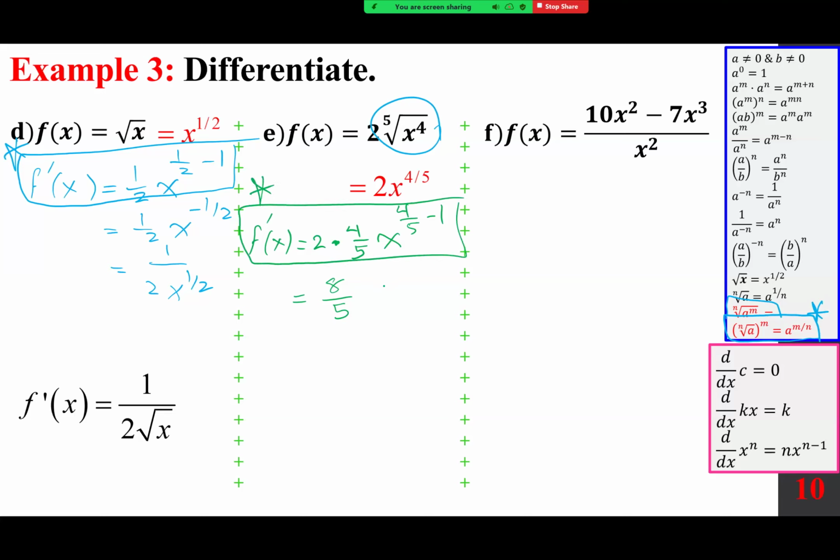Everything else is algebra. 8 over 5 x to the power of negative 1 over 5. We take it down and we say 8 over 5 x to the power of positive 1, right? And we put it in the same format we received. 8 over 5, the fifth root of x. Okay.